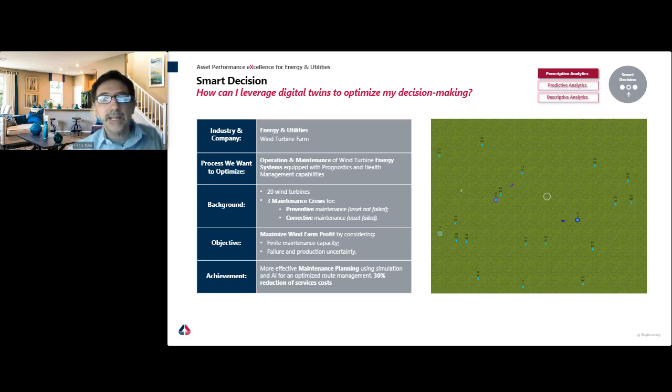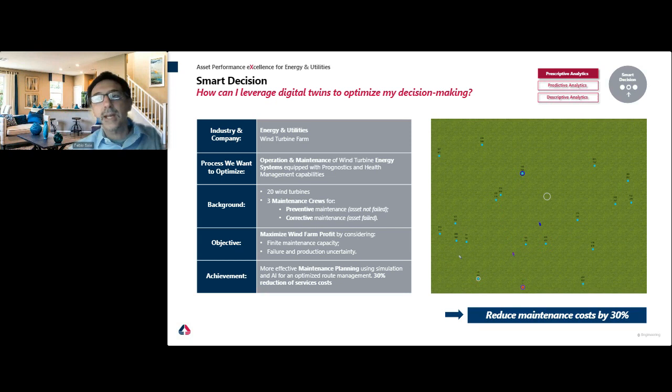The result of that was a reduction of maintenance cost by 30%. So really using the simulation in order to generate enough data in order to create an optimal model for maintenance.